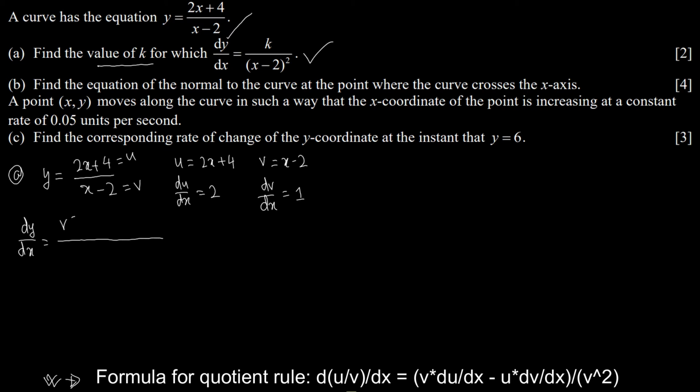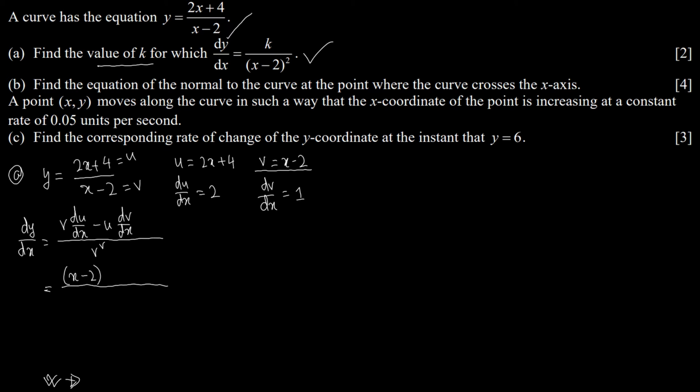The formula is v du by dx minus u dv by dx, divided by v squared. Putting in the values: v is x minus 2, times du by dx, which is 2, minus u, which is 2x plus 4, times dv by dx, which is 1.